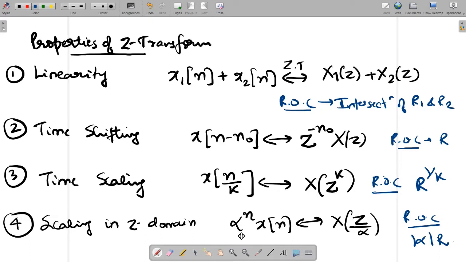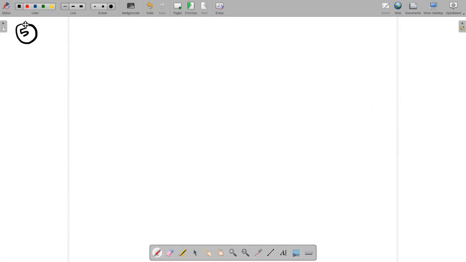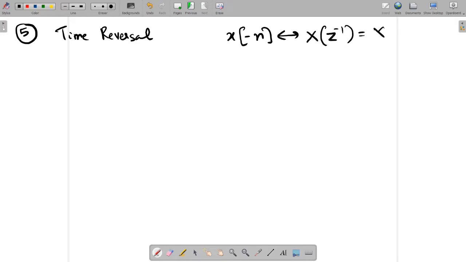Next property is the time reversal property. x of minus n has Z transform x of z inverse, that is x of 1 by z. The ROC for this is 1 by r, where r is the original ROC of x of n.